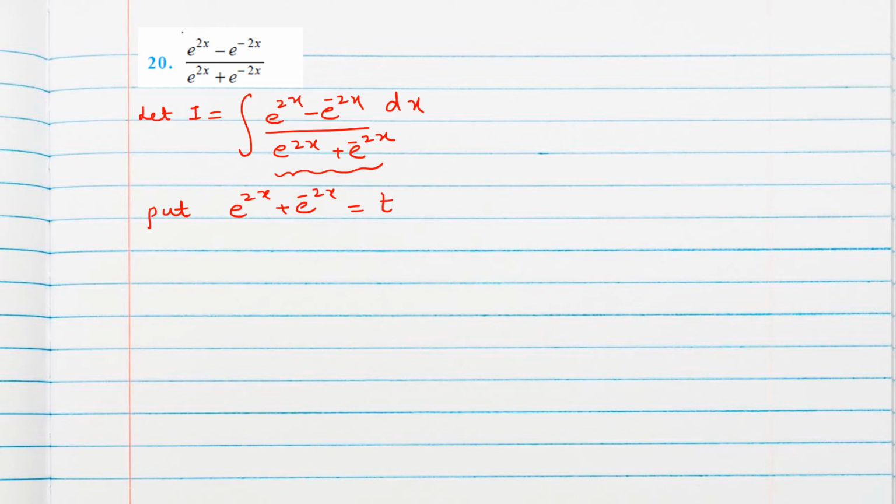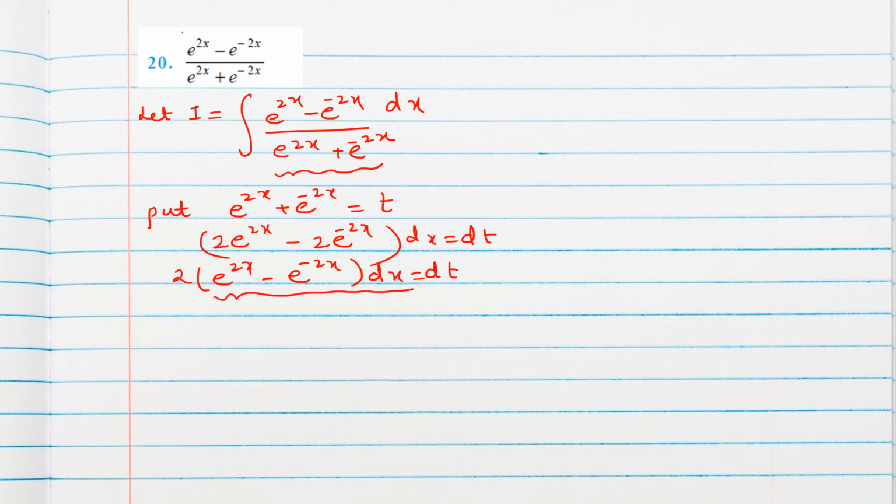So the thing is, here it is composite, so 2 e power 2x minus 2 e power minus 2x dx is dt. So 2 we can take outside, and this is in the numerator. So this 2 we can shift to the other side.